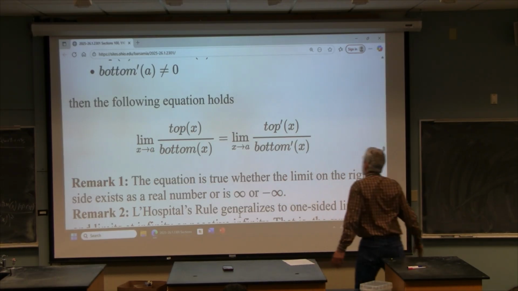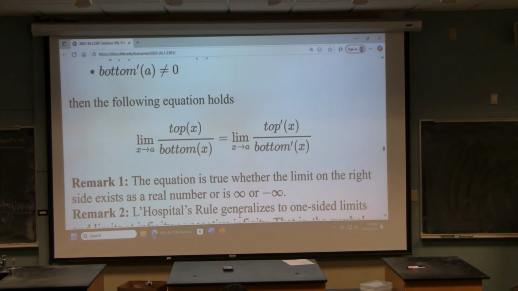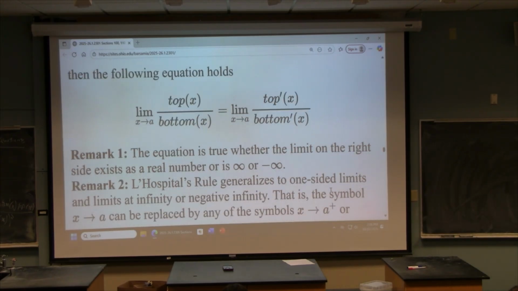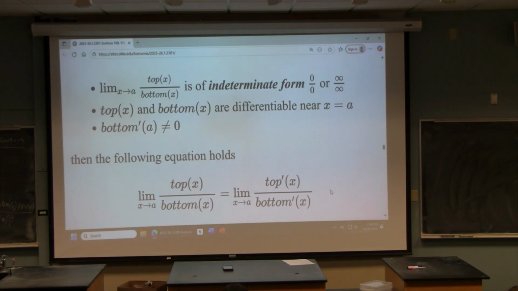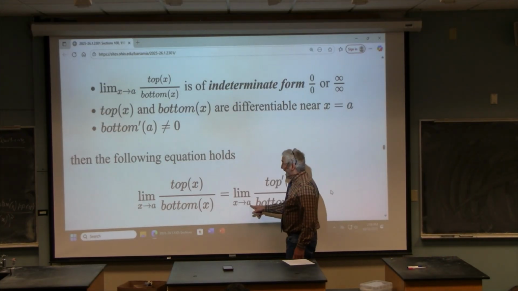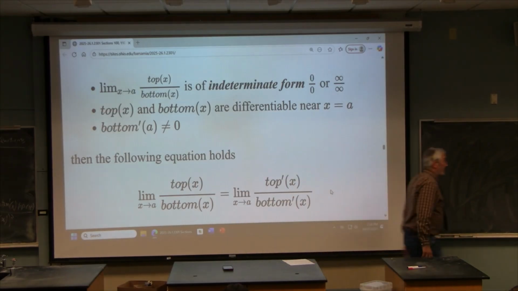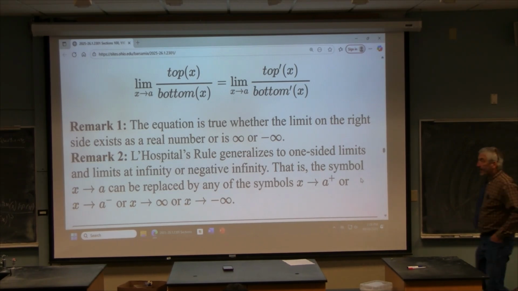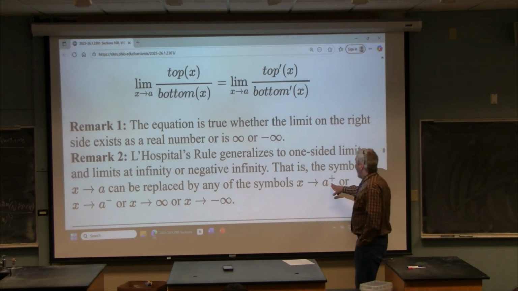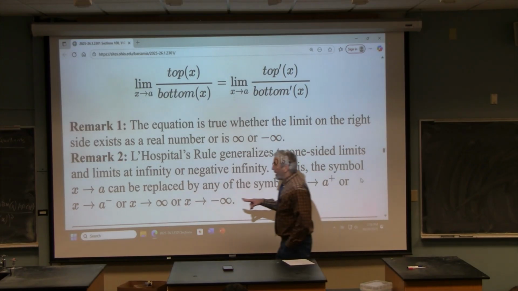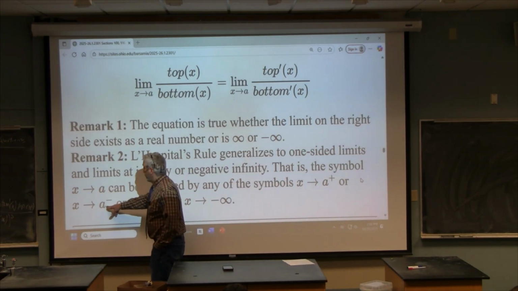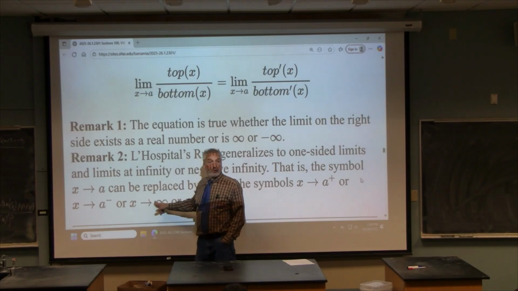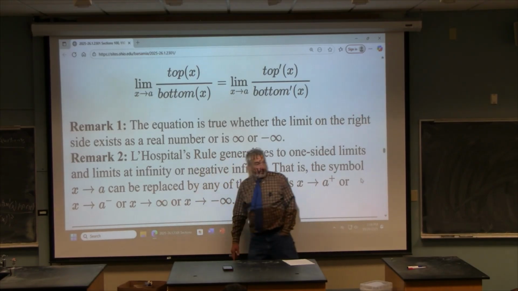And then also that we have the usual kinds of generalizations of the limit notation. So in this original equation, I'm thinking that x is approaching some number, a. And the generalizations are the usual ones. We could have one-sided limits. So x approaching a from the right, or maybe x approaching a from the left. And we can also have a generalization of x going to infinity, or x going to minus infinity.